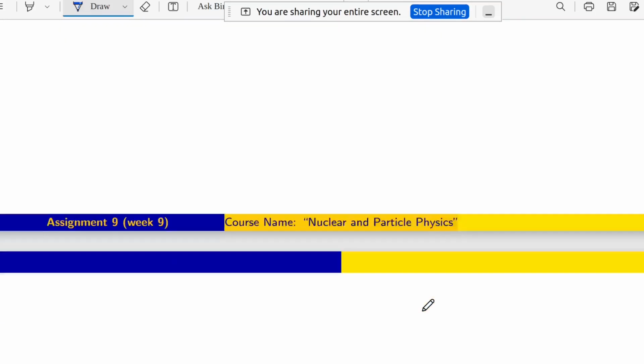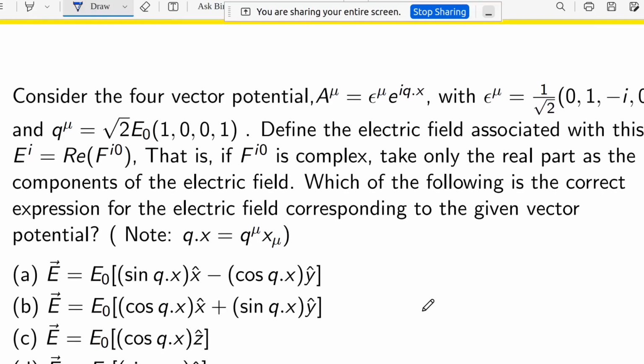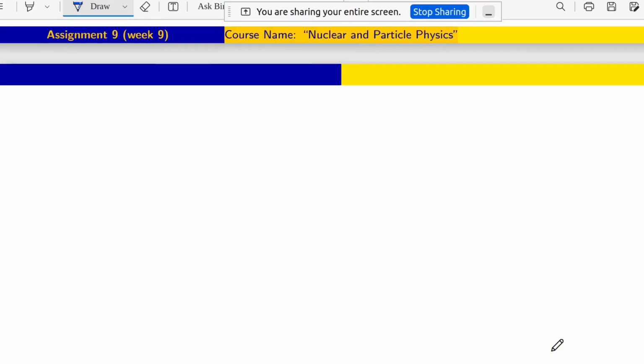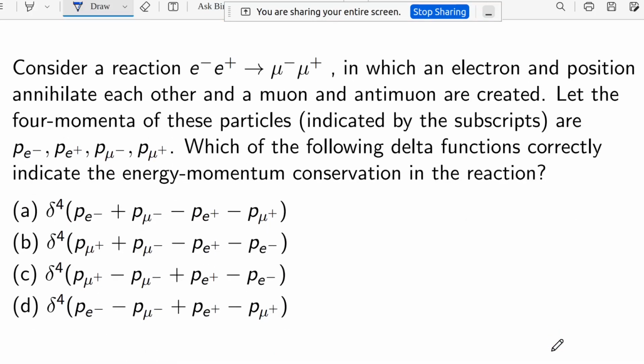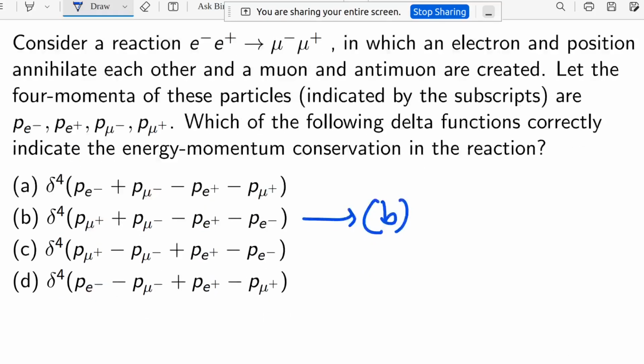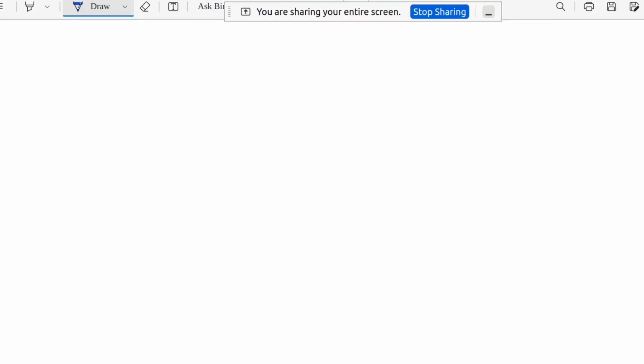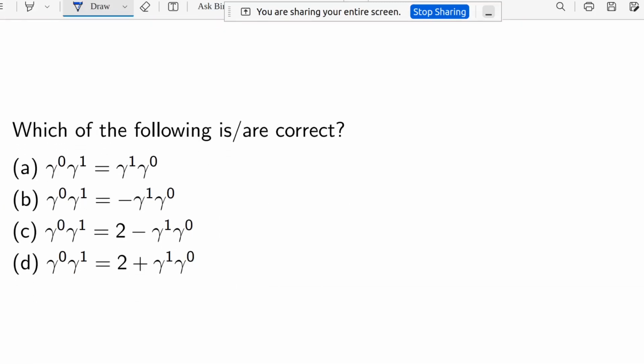Okay, now coming to the next one. Yes, the next one is a little bit tricky, and for it we got the answer as E. Now in the next question, you can see the answer will be B. Now in the next question, the answer will be B again.